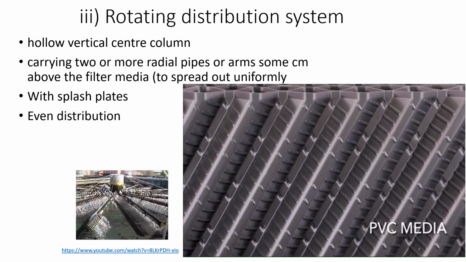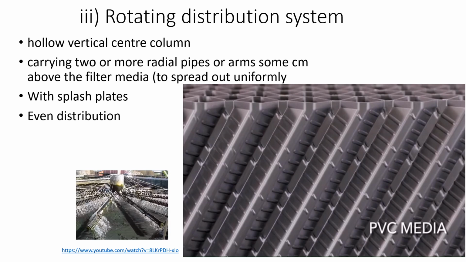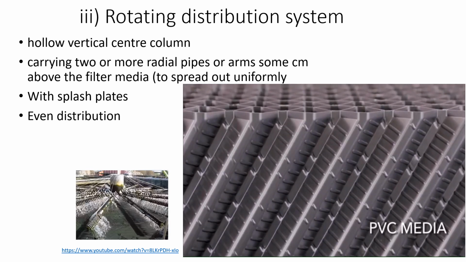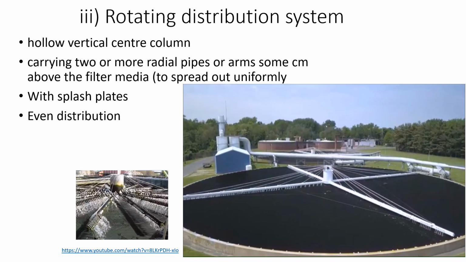What is this rotating distribution system made of? It has a hollow central column, and from the central column two or more radial pipes of some centimeters long are attached to the hollow vertical central column.